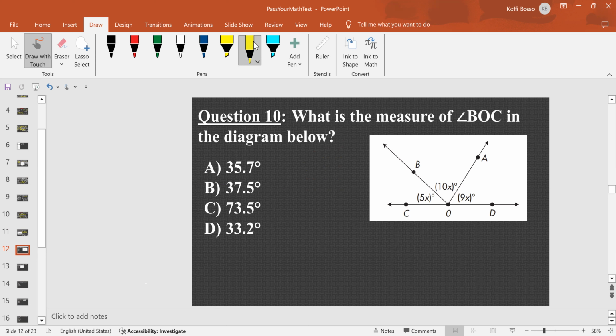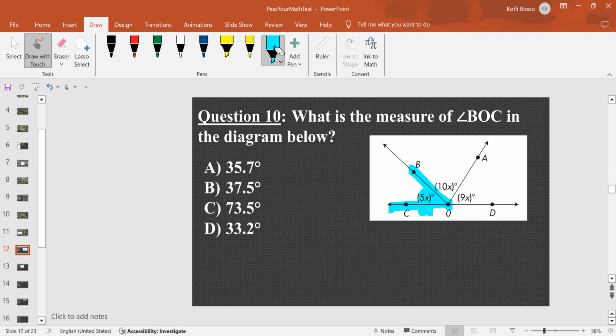We call this angle BOC. Okay, so the 5x, but we want it in degrees. They don't give you the value of x. So you need to figure out the value of x and then do 5 multiplied by that value to get the answer.